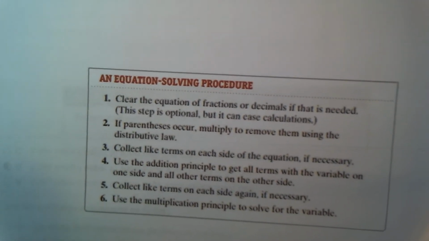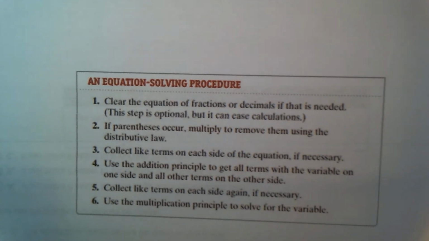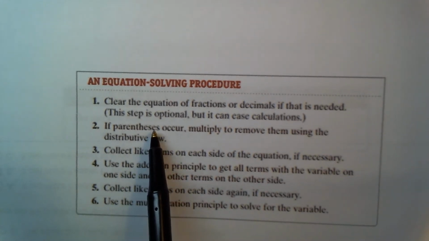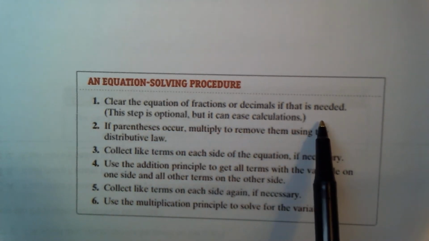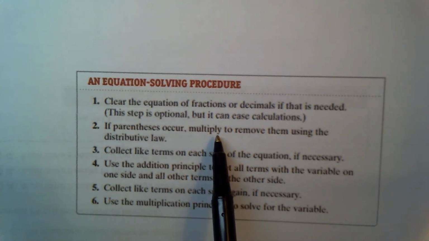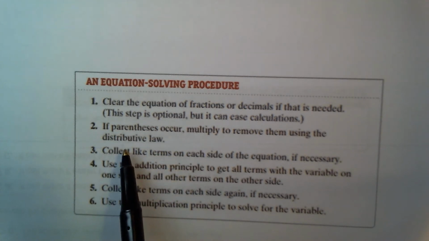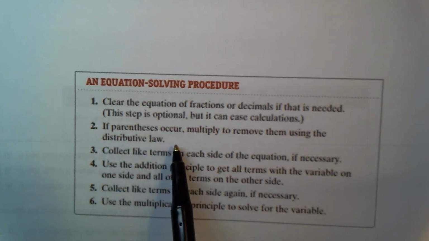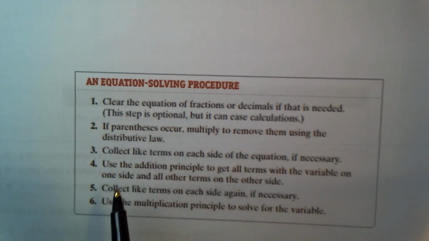Now, last but not least, here are the basic steps for solving an equation. Number 1, clear the equation of all fractions or decimals if that is needed. Again, it's optional, but in case that we have fractions, we want to eliminate them. It's easier to work without fractions. Number 2, if parentheses occur, multiply to remove them using the distributive law.